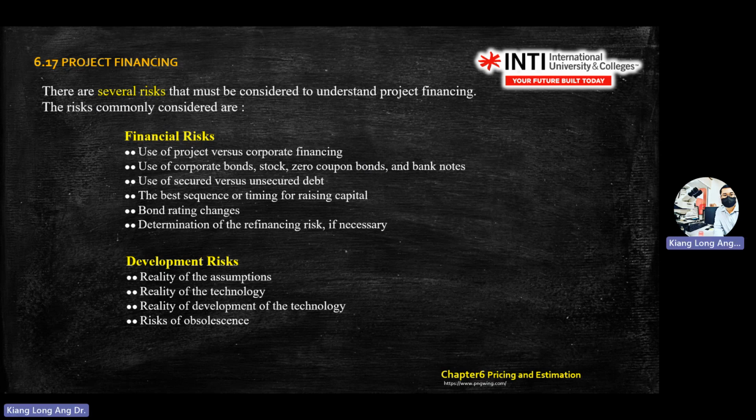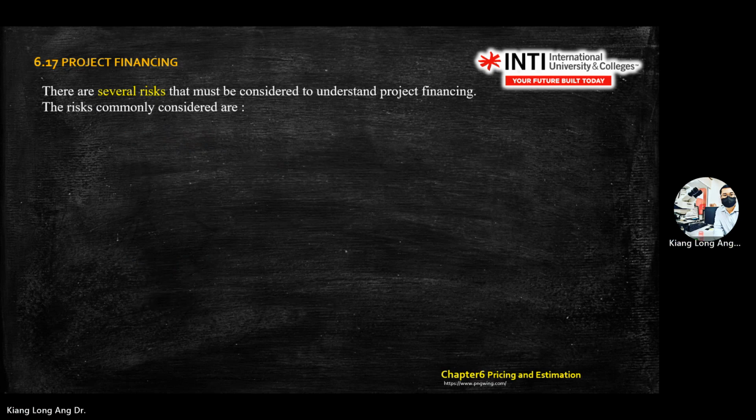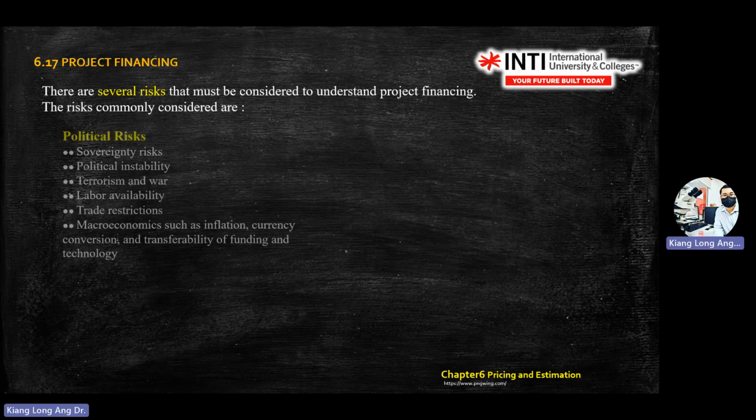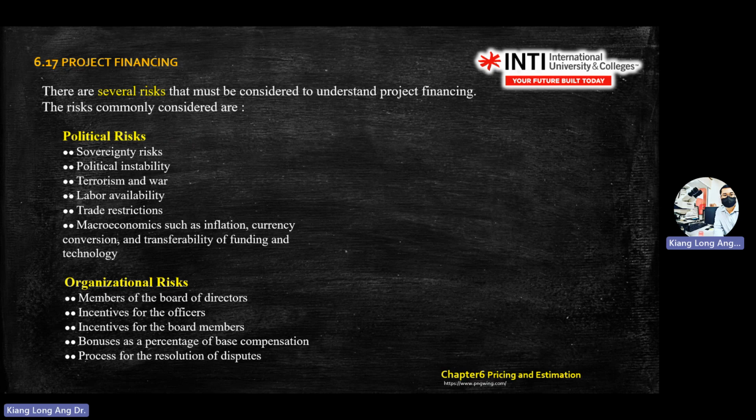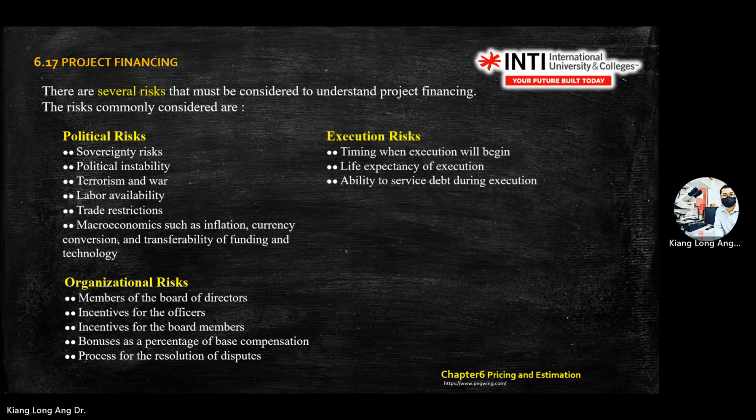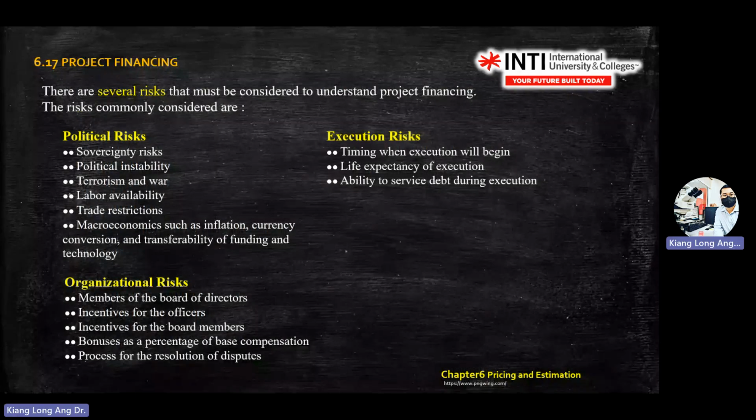The third one is political risk. The fourth one is organization risk. Then the next one is execution risk. So there are 5 kinds of risks. But the rest you read.